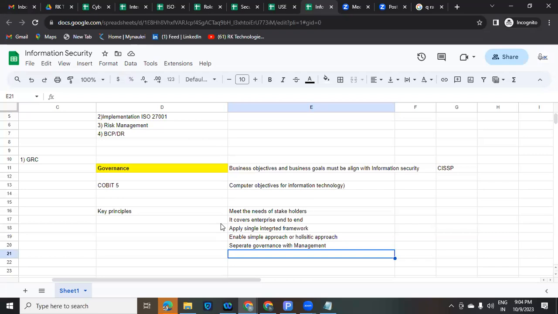So according to whatever business we are doing, we have to follow the other compliances.